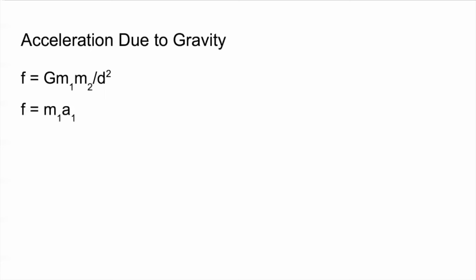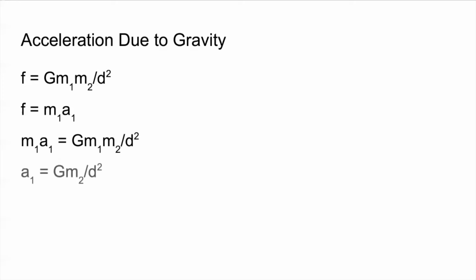Now we can determine the acceleration due to gravity. We need to use the formula for the force of gravity and F equals ma. And in this case, we're just going to be using object 1 for F equals ma. So plugging in what F is equal to into the first equation, we get m1 a1 is equal to G m1 m2 over d squared.